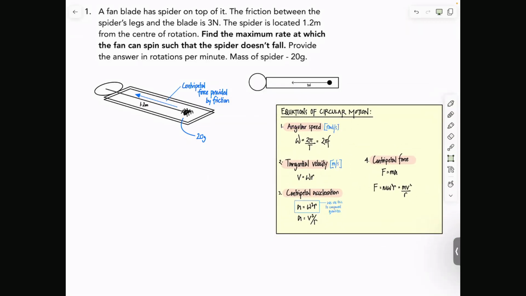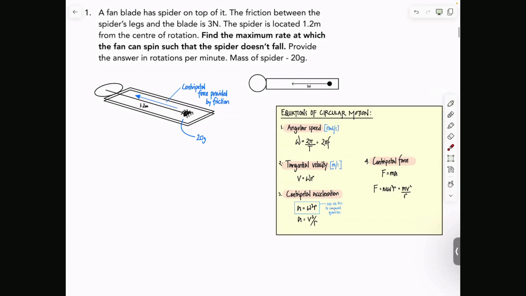Okay, so the first thing is, this is a very basic question, just to get a hang of the equations.